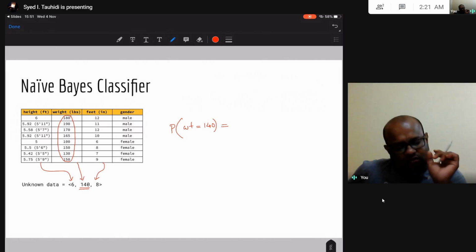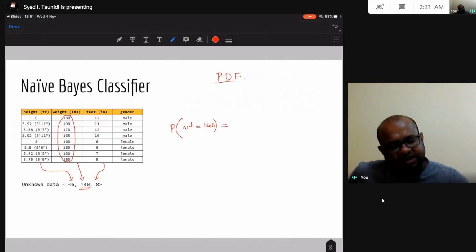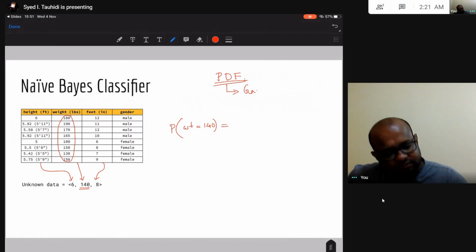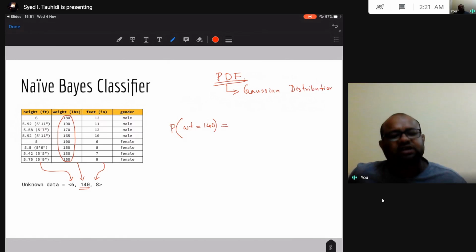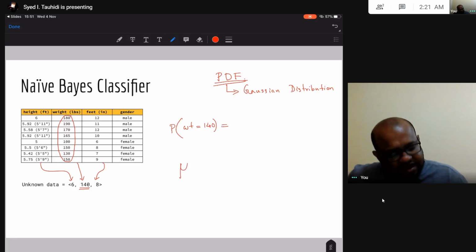So we are going to use something called the probability density function, PDF. The continuous probability density function is given to us by the Gaussian distribution. A Gaussian distribution is defined by two things: the mean and the standard deviation.